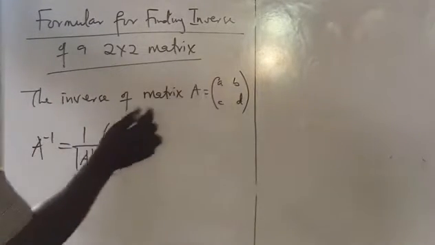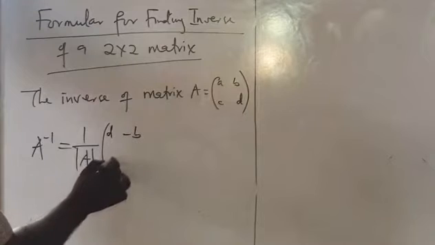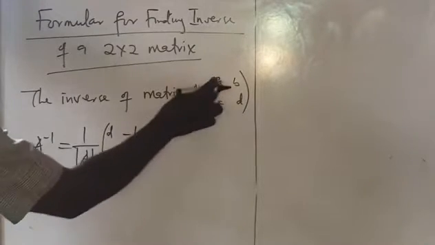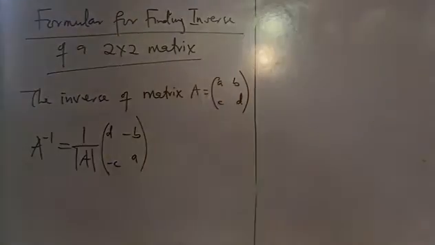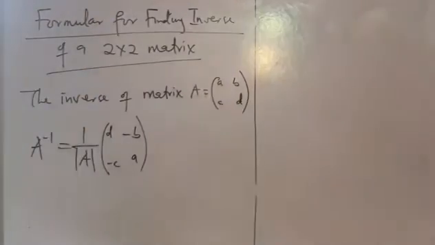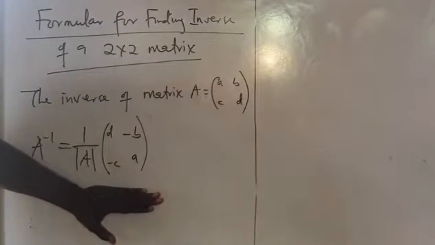We bring D up, then we change this to minus, change this to minus, and we bring A to this place. So this is what we call the inverse of matrix A. This is the formula for finding the inverse of a matrix.